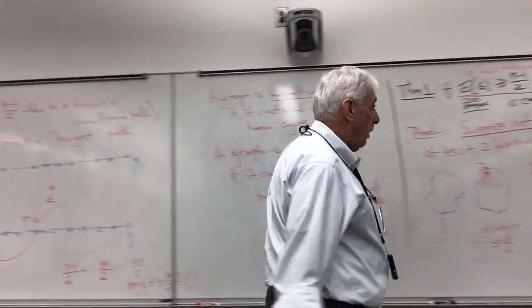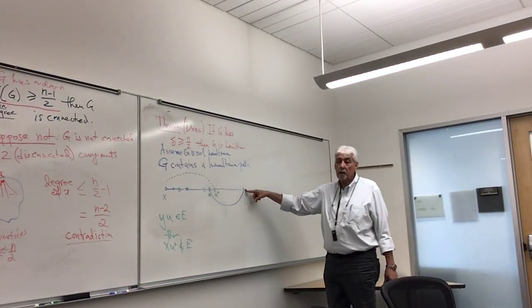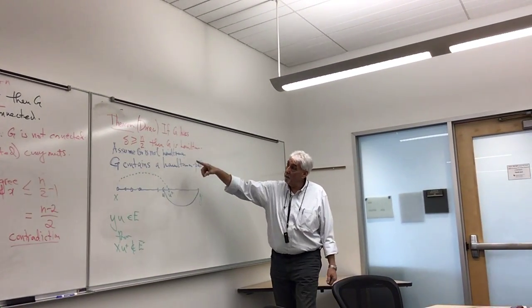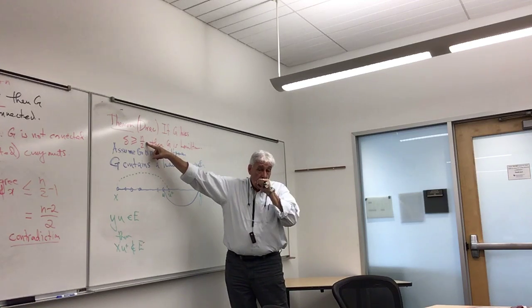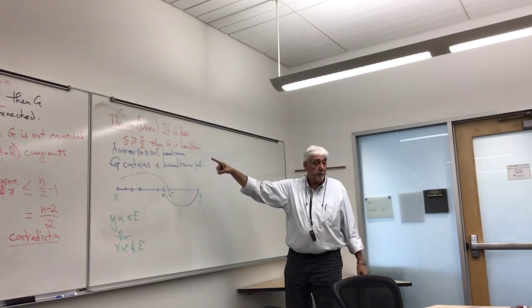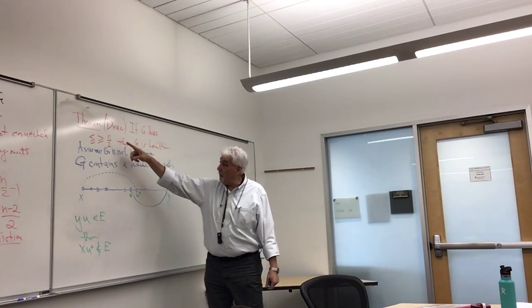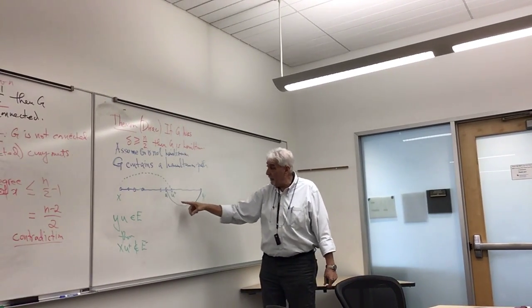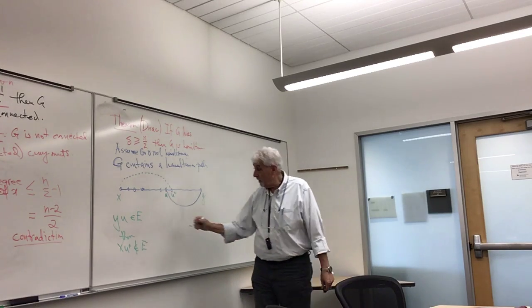Let's see. What's the degree of y? At least n over 2. So let's see, that means that there are at least n over 2 vertices that x is not adjacent to.